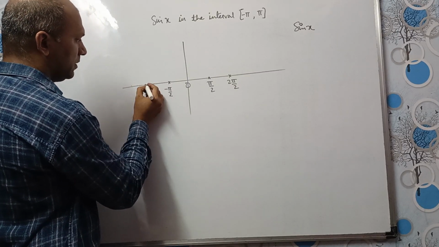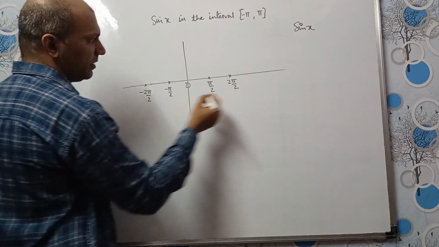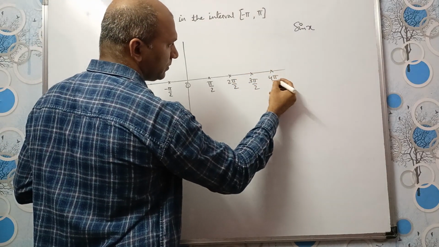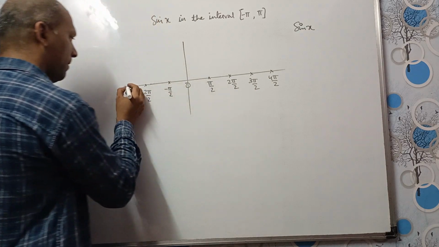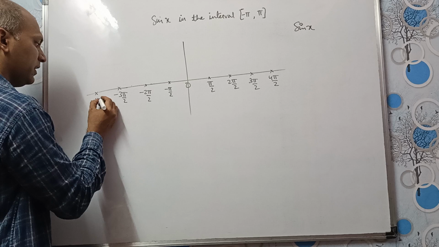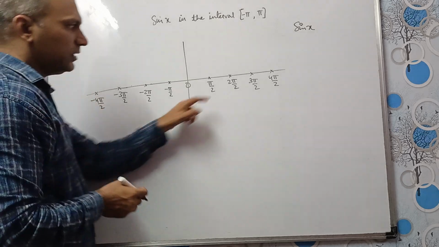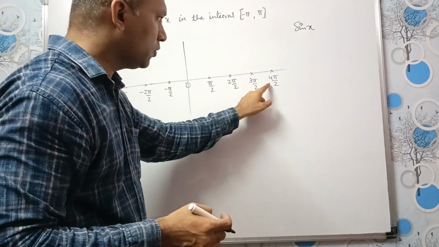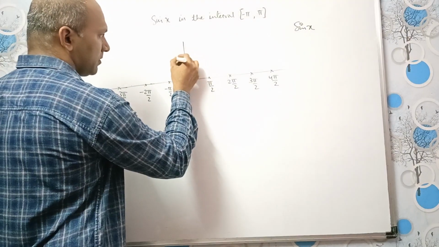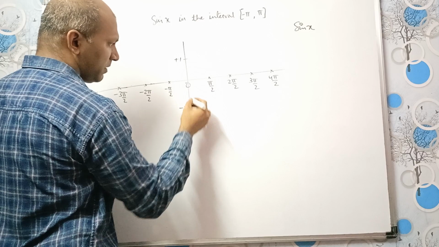Here 3 pi by 2, here 4 pi by 2 will come. Here minus 3 pi by 2 and here minus 4 pi by 2. 2 pi by 2 is same as pi, 4 pi by 2 is same as 2 pi. Maximum value is plus 1, minimum value is minus 1.